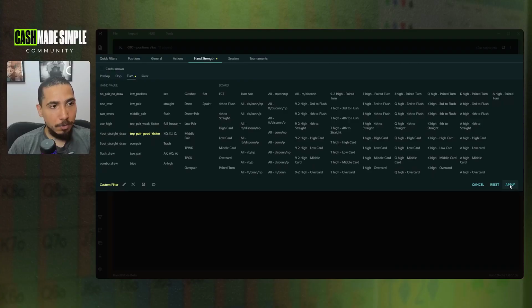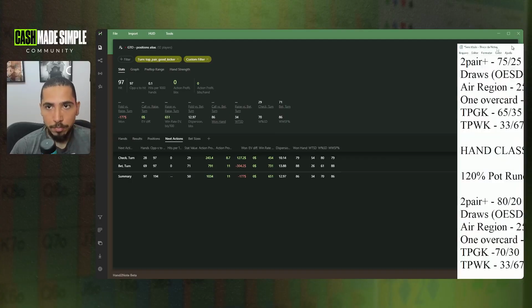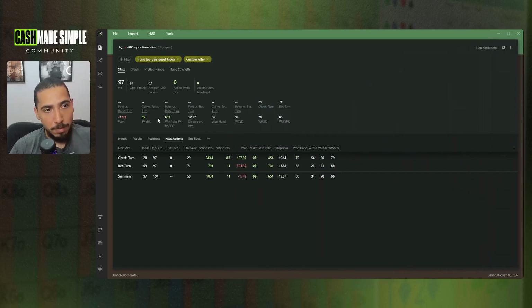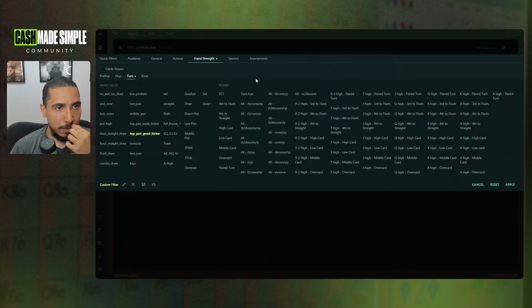Let's jump straight to top pair good kicker. We have 70-30, top pair good kicker. Very similar, guys. In the previous one, we saw 65-35, and we have 70-30 here. So I'm loving this, because it can make our lives really easy.